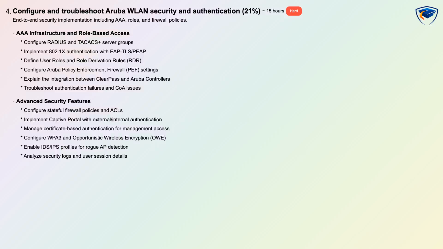The domain includes ClearPass integration points and troubleshooting authentication failures and change of authorization issues. Advanced security features cover stateful firewall policies and ACLs, captive portal options, certificate-based management authentication, WPA3 and OWE, IDS/IPS profiles for rogue AP detection, and security log and session analysis.